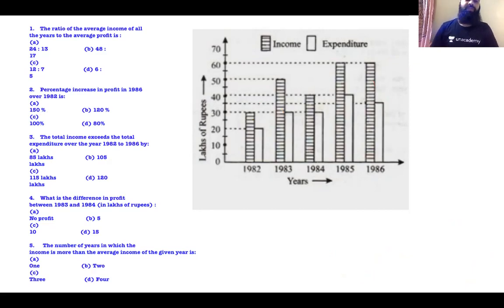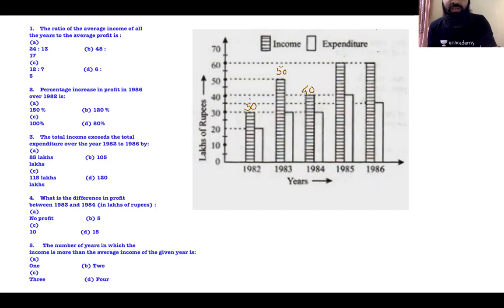The total income exceeds the total expenditure over the year 82 to 86 by what value? Total income is $30. Then next year it is $50. Then next year it is $40.